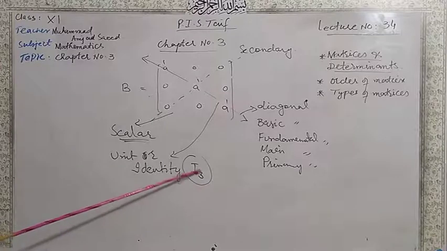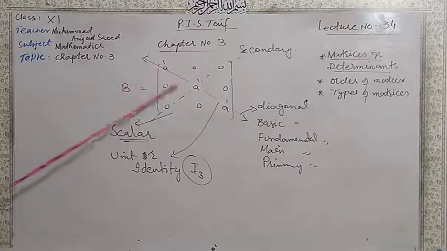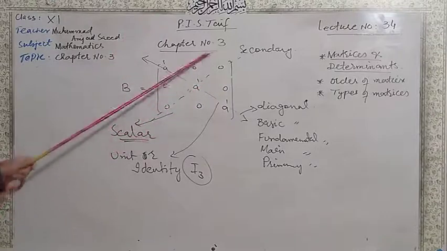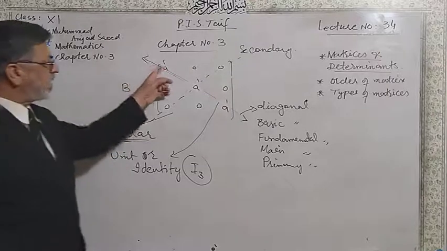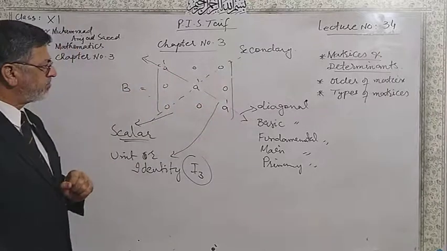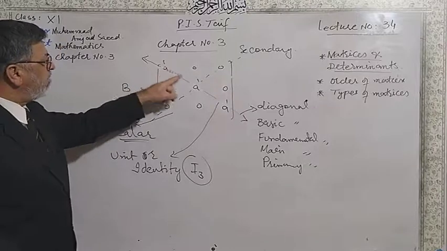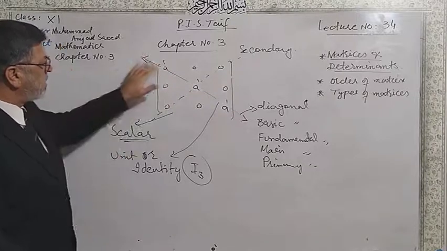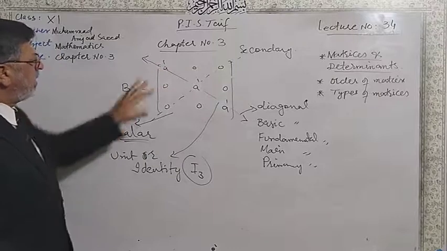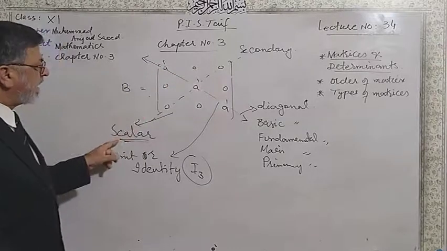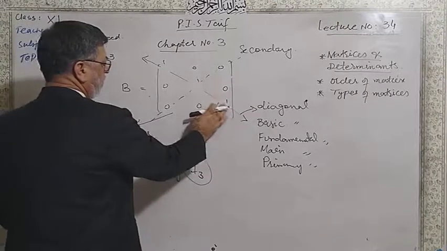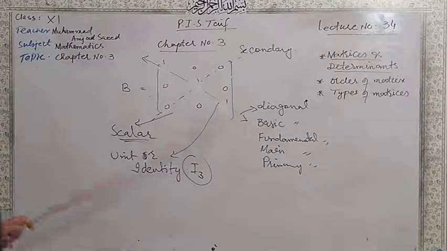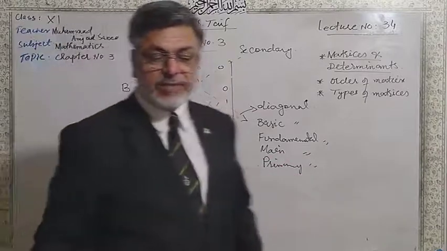I3 means identity matrix of order 3: 3 rows, 3 columns. So diagonal matrix has different members of the diagonal. Same members other than 1, that is known as scalar matrix. And if all the members are replaced by 1, that is known as identity or unit matrix.